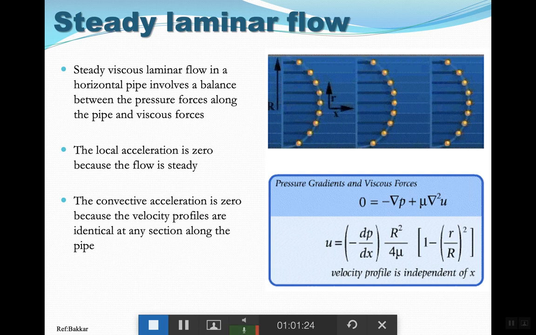Now, in order to understand everything better, the example we will be solving for this subject is a steady laminar flow inside a pipe. It's a very simple problem, but it will give you an overview of what we discussed, and it will also be an introduction to simulation. That will be our first simulation.